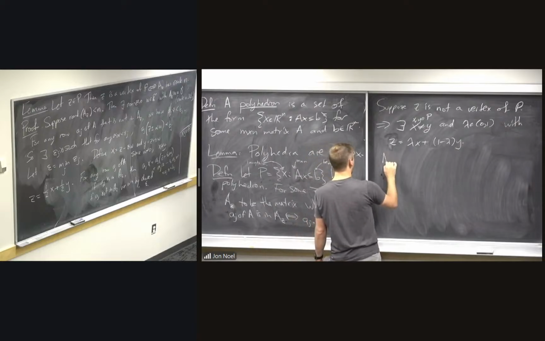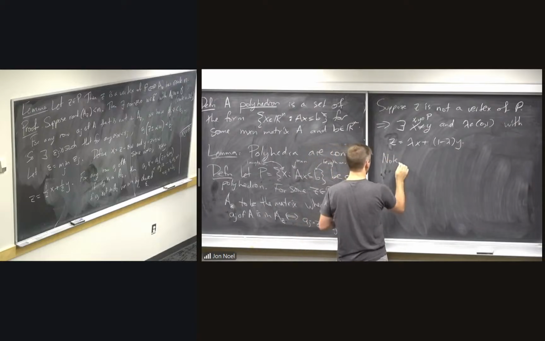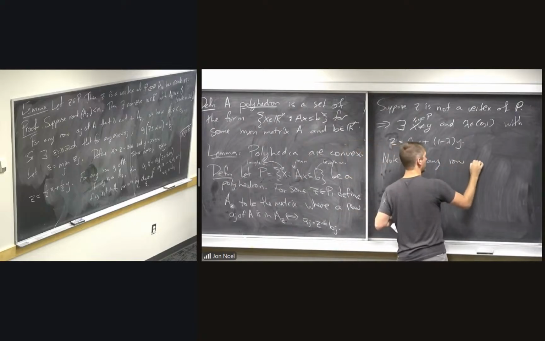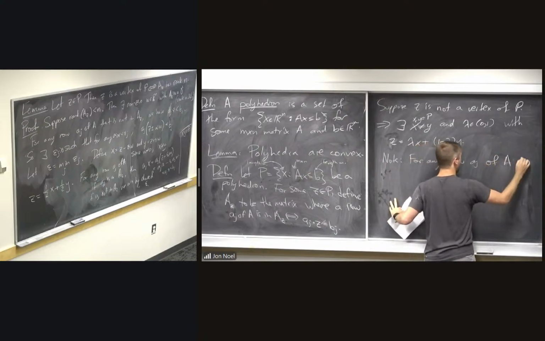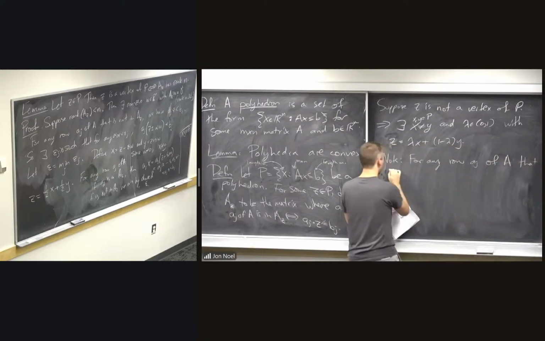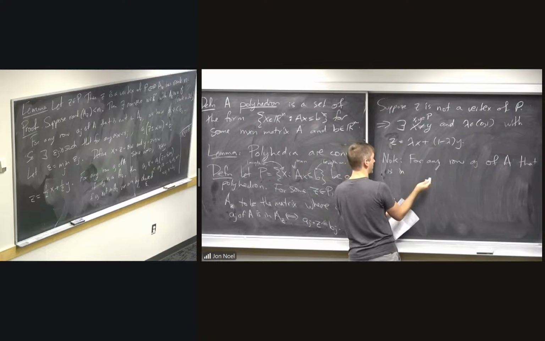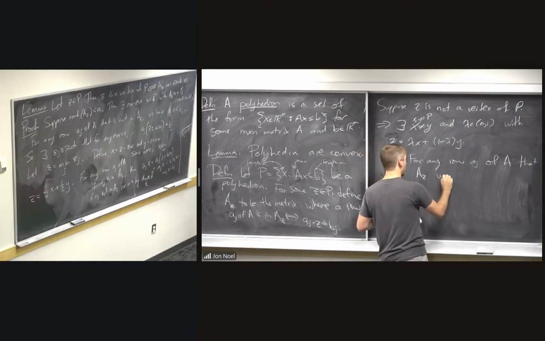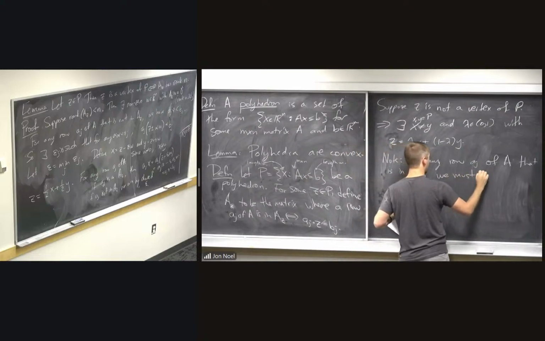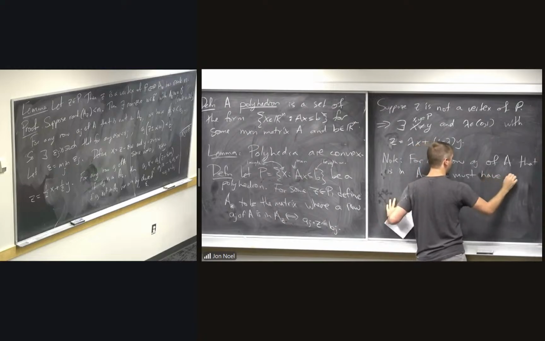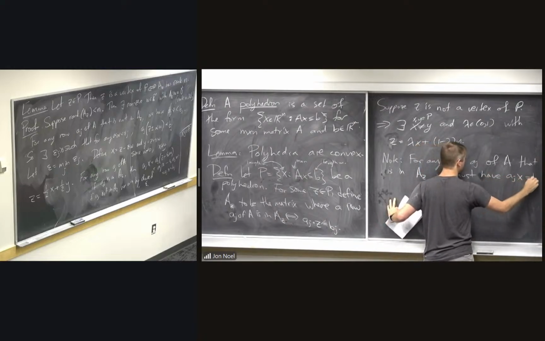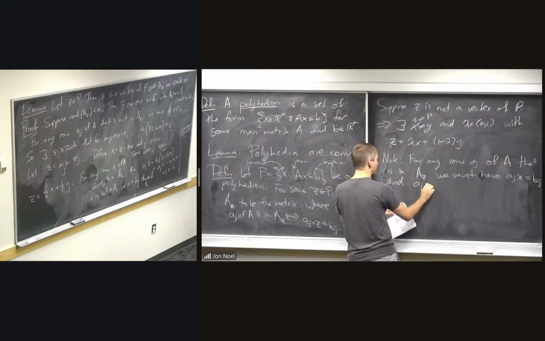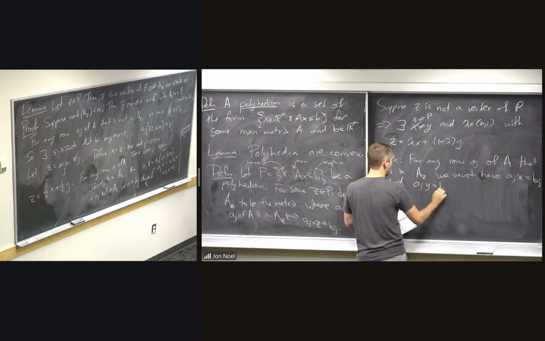So note that for any row aj of A that is included in the matrix AZ, we must have that aj times x equals bj, and we must also have that aj times y equals bj.